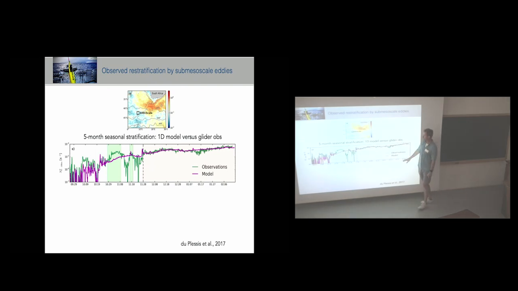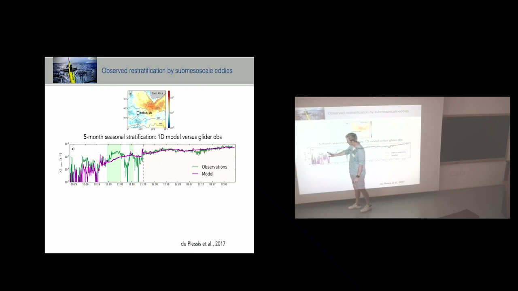And so some really nice work by Marcel Duplessis in his PhD at the time. We had been deploying gliders for several years in this region of the subantarctic and subpolar Southern Ocean in this experiment called SOSEX, the Southern Ocean Seasonal Cycle Experiment. One of the take-home messages here is that when you run one-dimensional models of what the mixed layer should do, and here we're looking at stratification, the 1D models, like a PWP model in this green line, differ from the observational stratification, especially in the springtime.